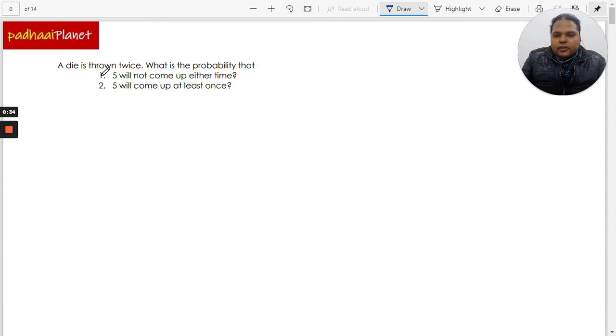So the question says that a die is thrown twice, right? So there are basically two events, E1 and say E2. Now they're saying what is the probability that 5 will not come up either time, right? So when event 1 is happening, when the die is thrown the first time, then 5 will not come.